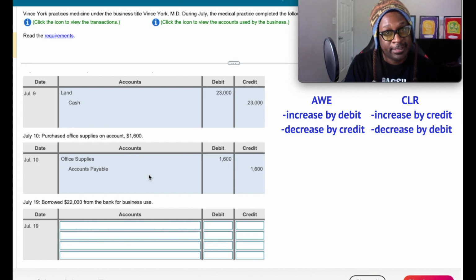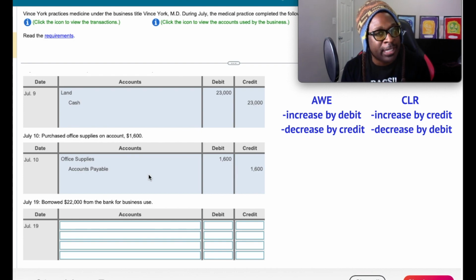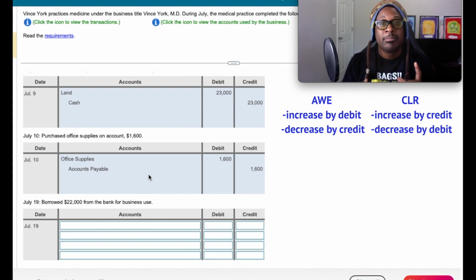Borrowed $22,000 from a bank for business use. Keywords, borrowed $22,000. All other stuff, we could toss it. Because we borrowed $22,000, we basically increased our cash, which is a part of the all gain. It's an asset. But we also increased our liabilities. I can only assume, gang, that this liability would be a note payable. Why? Because accounts payable are short-term liabilities, most of the time created whenever we are purchasing an asset. Since we're borrowing long-term debt, because we're not expected to pay this loan back within a year, we're going to consider this a note payable.